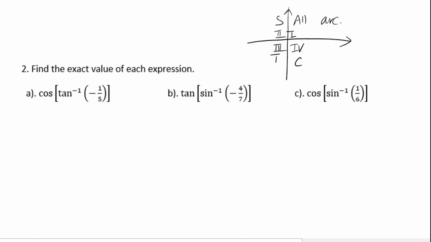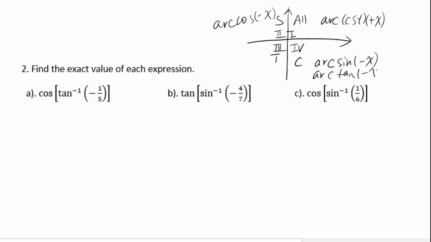Then we have arc cosine, positive x, go to the first quadrant. Arc cosine negative x, go to the second quadrant. Arc sine negative x and arc tangent negative x, go to the fourth quadrant.